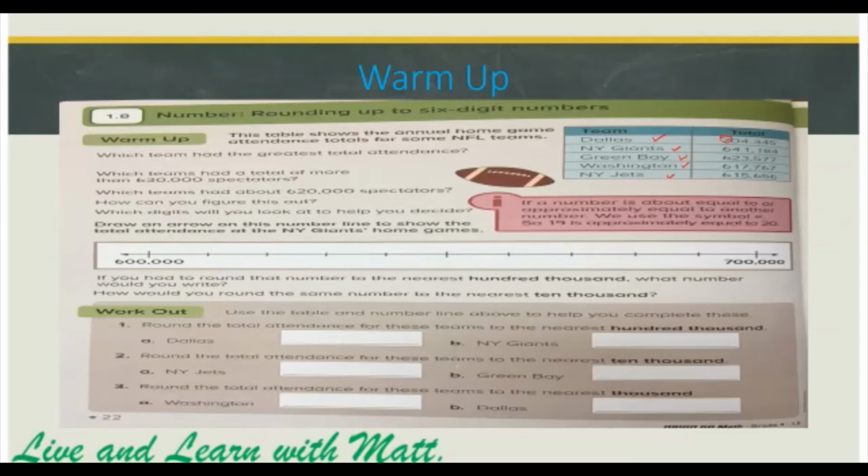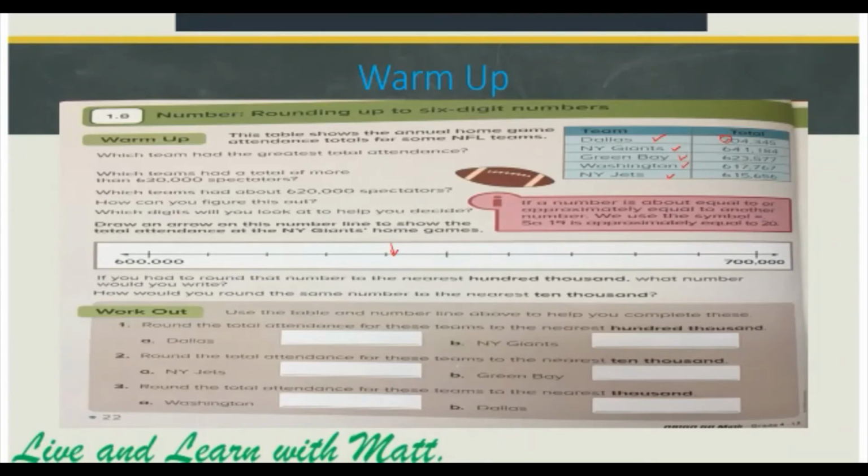Draw an arrow on this number line to show the total attendance of the New York Giants home games. So you can see the arrow is pointing to the approximation of the New York Giants, about 641,000. If you had to round that number to the nearest 100,000, what number would you write?